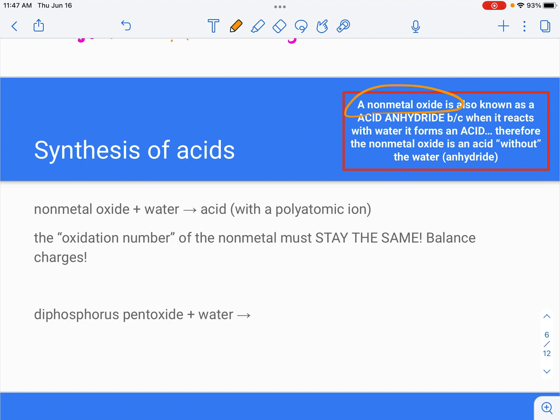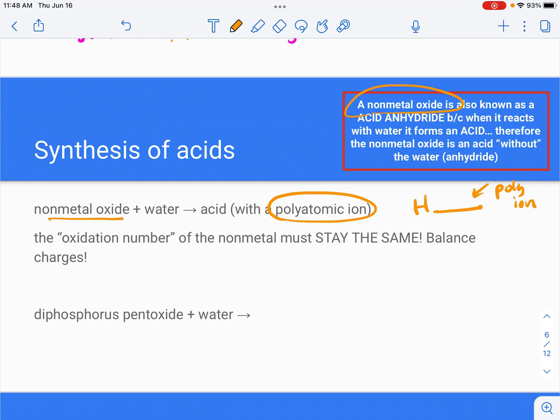The clue here is that this non-metal oxide plus water is going to create an acid that has a polyatomic ion in it, because the non-metal oxide is basically going to react with and pull the oxygen off of the water to form that polyatomic ion. Okay, so you're going to end up with an H something, and this has to be a polyatomic ion.